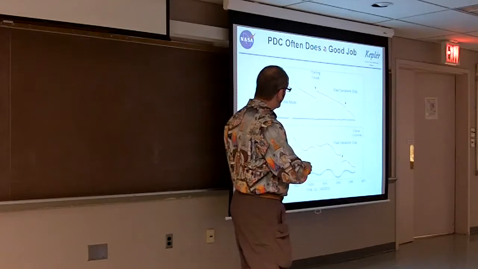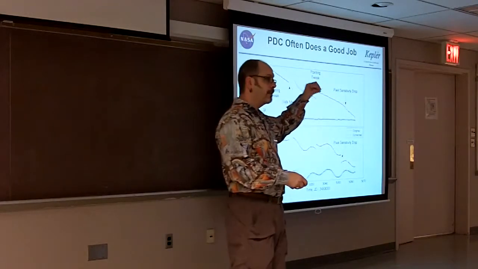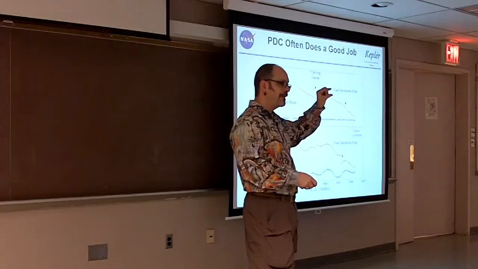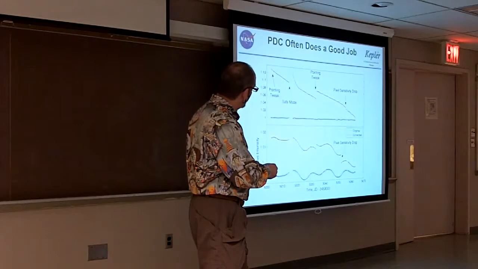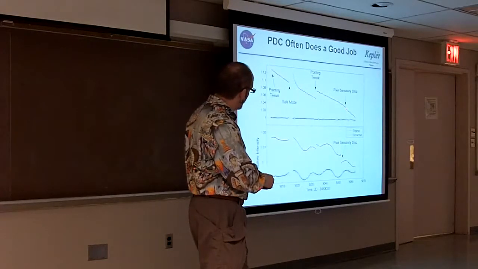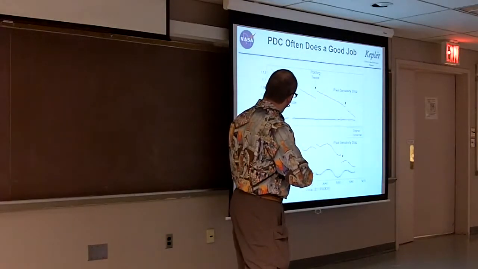And also we have radiation events that cause near instantaneous drops in the quantum efficiency of individual pixels by about 1%. It seems to be quantized. And that causes step discontinuities in the time series that you can see here and here. So PDC has to deal with these things and try to correct them.